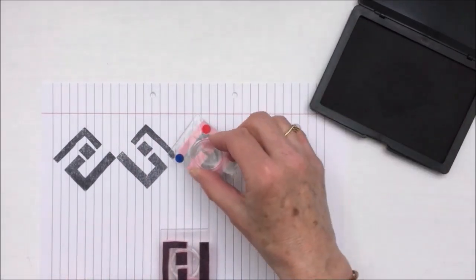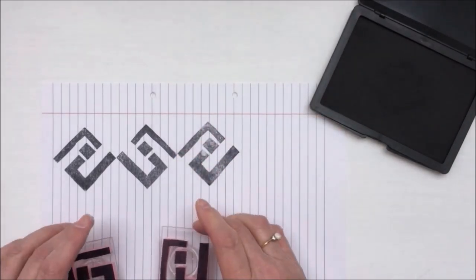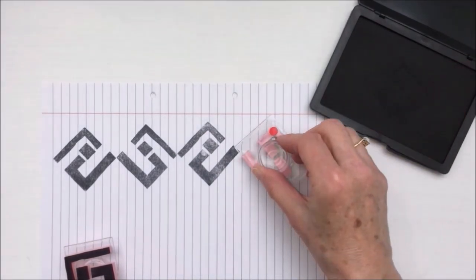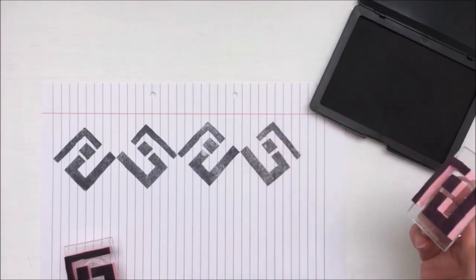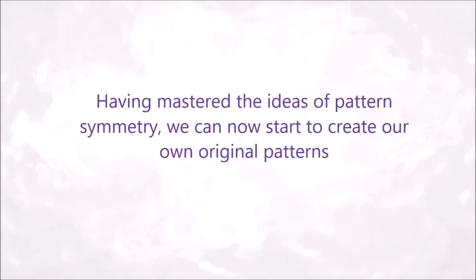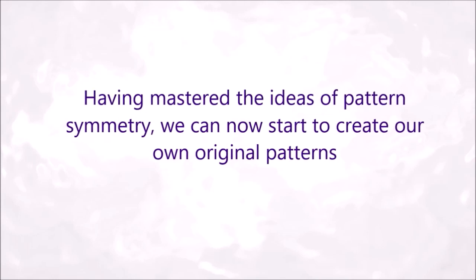You can turn your design over by tracing it and photocopying it from the back of the paper. Having mastered the ideas of pattern symmetry, we can now start to create our own original patterns.